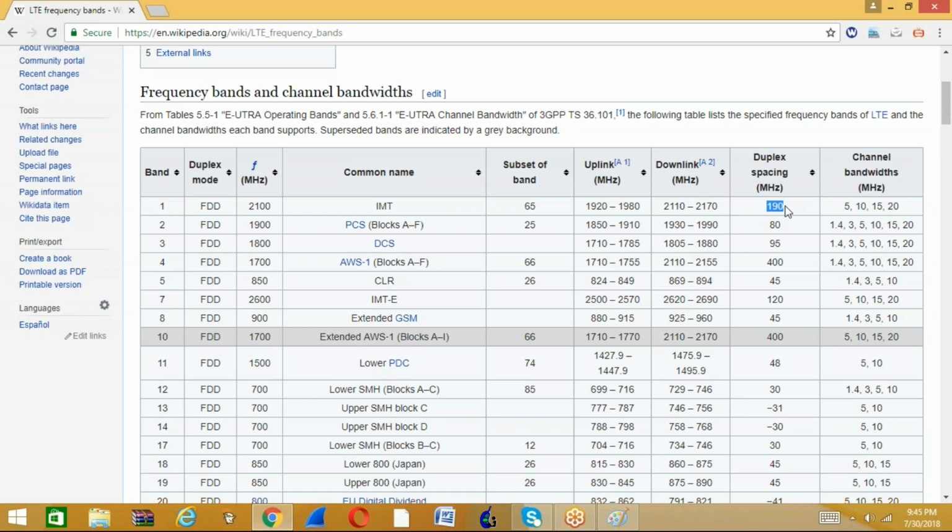In the same way, band 2 has some range, band 3 has some range, band 4 has some range. You don't have to remember all these ranges, but at least one range you have to remember, the range of the operator you are working on in the project. So instead of frequencies, it is called EARFCN in uplink and EARFCN in downlink.